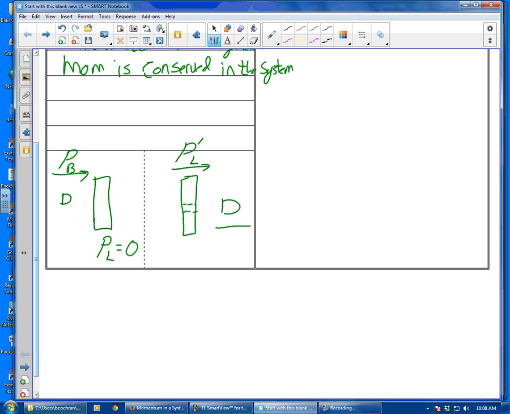And my bullet now has a different momentum also, so I'm going to put a prime up there. Remember, that's just a different way to indicate a different value. Same thing, momentum, but the prime indicates a second value.